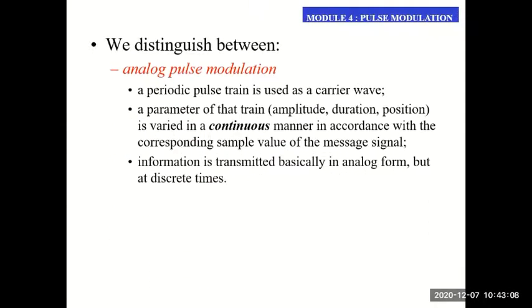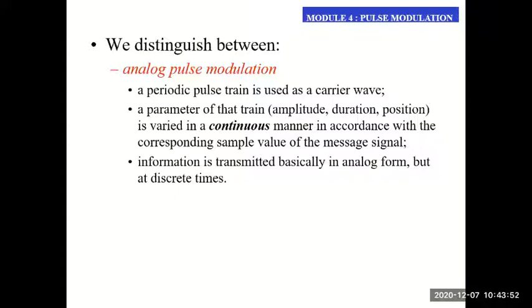Now let's distinguish between analog pulse modulation and digital pulse modulation. Analog pulse modulation, or what did I say? Discrete modulation. Here, a periodic pulse train is used as the carrier wave, and one of the parameters of that periodic pulse train, either amplitude or width or duration, or position, is varied in accordance with a continuous message signal.